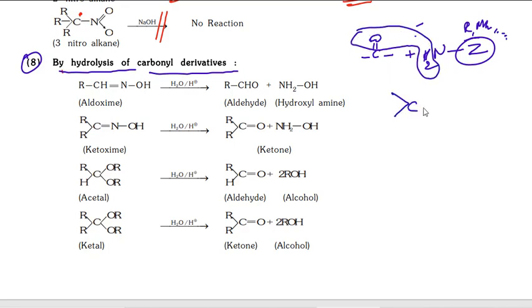So the product is like this, C double bond N, here Z. So Z can be anything. It may be OH, it may be R, it may be NH2 or a benzene ring or something. Okay, I can write a few things here: OH, NH2, phenyl, methyl. Methyl means R group, any, in place of Z.